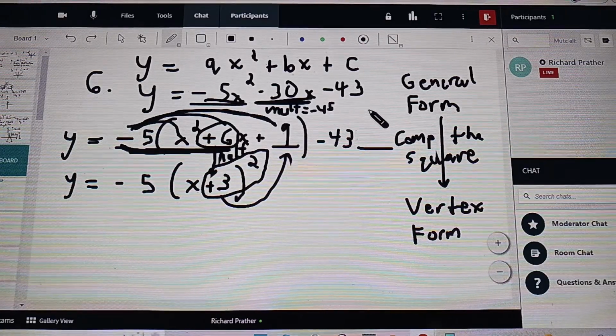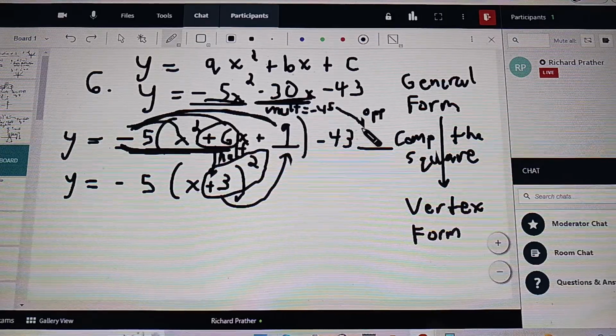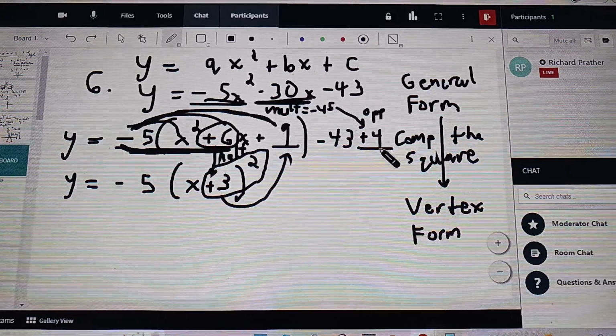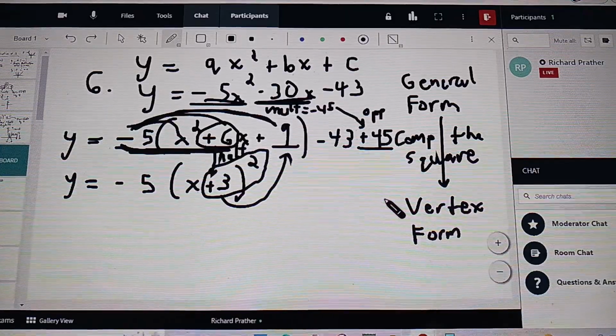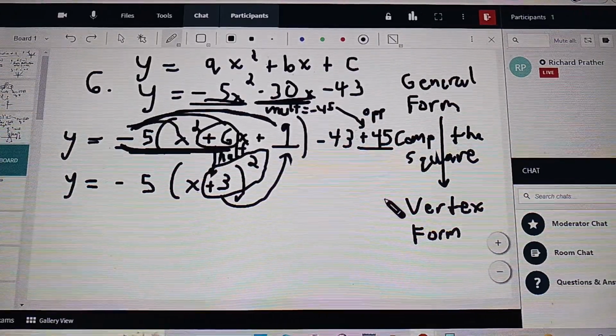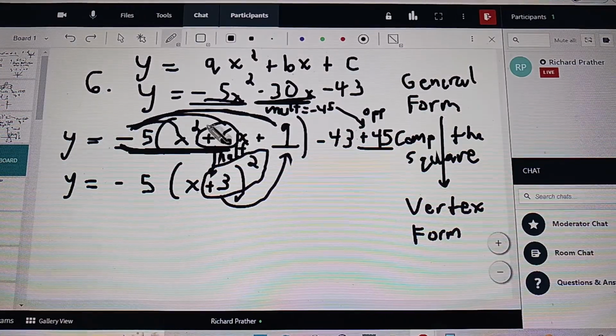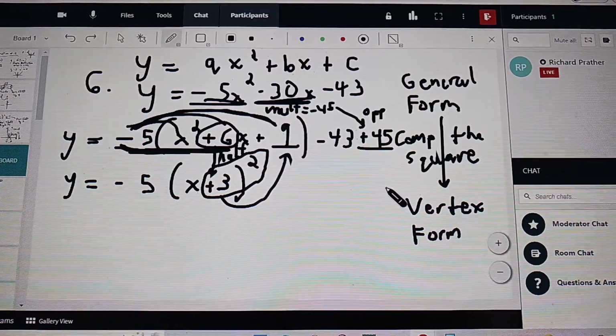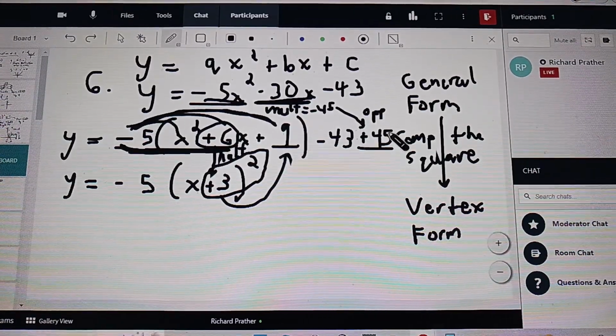So then I need the opposite of that in the other blank. The opposite of negative 45 is positive 45. If I add and subtract 45 at the same time on the same side of the equation, I'm not changing the equation. So this is a little trick of the trade, or a little bit of magic going on there, but it's plus 45 that's going to balance everything.